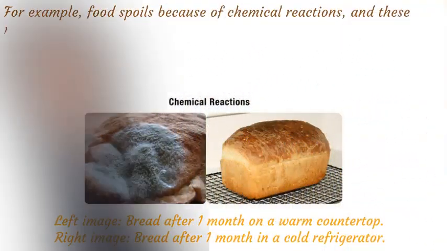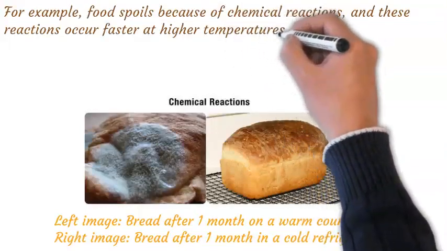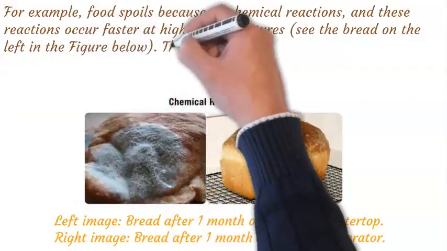For example, food spoils because of chemical reactions, and these reactions occur faster at higher temperatures.